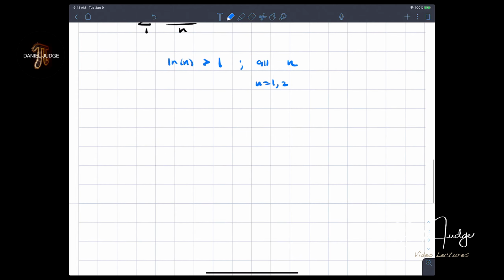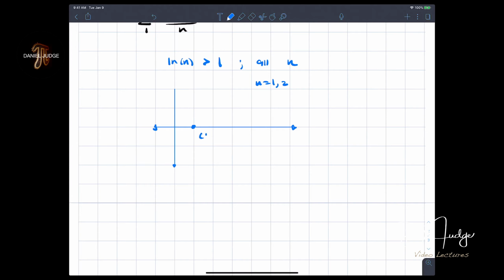So let's take a real quick look so we can see what's going on with this natural log curve. And here we are at 1, 0. The natural log curve really looks like this, but we're looking at these points here.